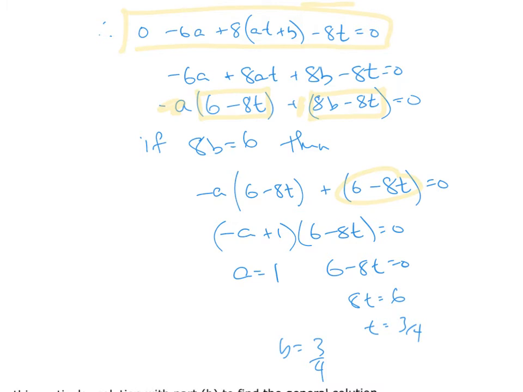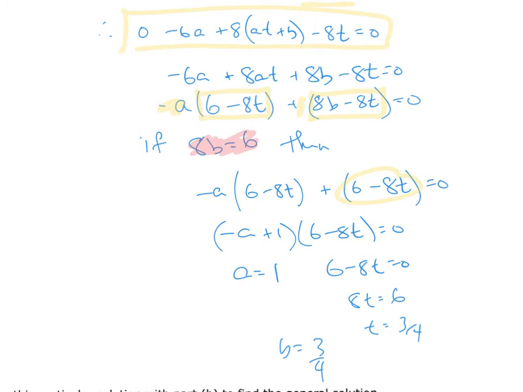In order to pull that out as a factor, I'm going to make 8b equal to 6. Because b is a variable, it can be many different things. If 8b is 6, that means b is equal to 3/4.